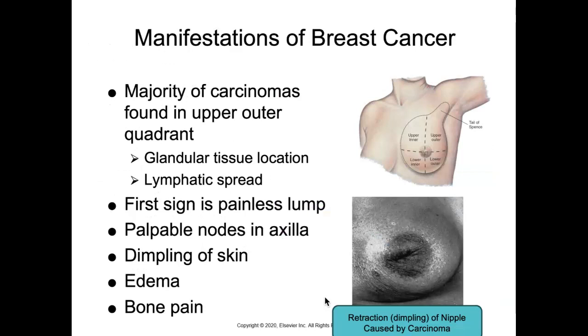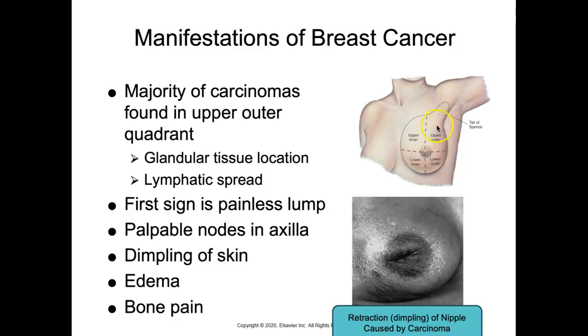Now let's get into the clinical manifestations of breast cancer. We'll see that most of the carcinomas are going to be found in the upper outer quadrant. This is typically how they discuss breast cancer, is through these 4 different quadrants. And we also have this tail that is going to move into the axillary region.